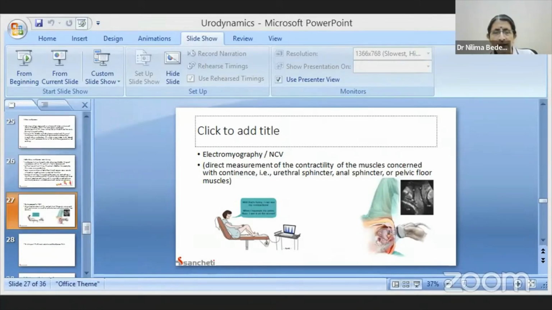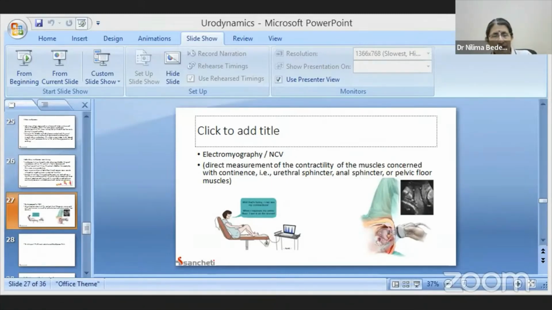While withdrawing the urethral catheter with the sensor, the person is asked to contract, and the urethral pressure throughout the length can be checked. So the sphincteric dysfunction can be studied by doing this simple test or the cystometry.